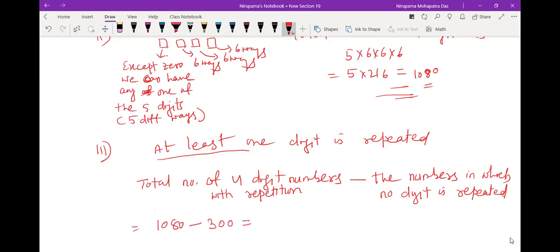That means we are getting here 780. So 780 numbers in which at least one digit is repeated.